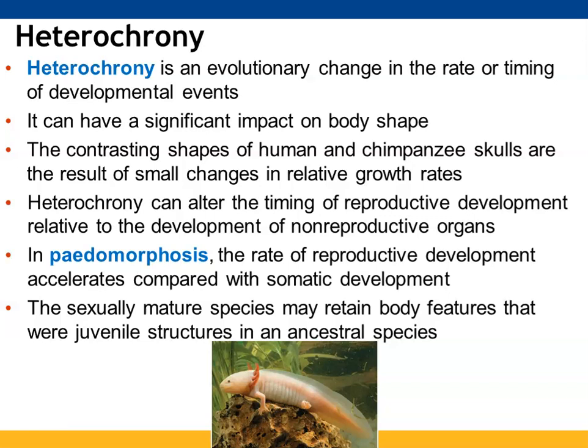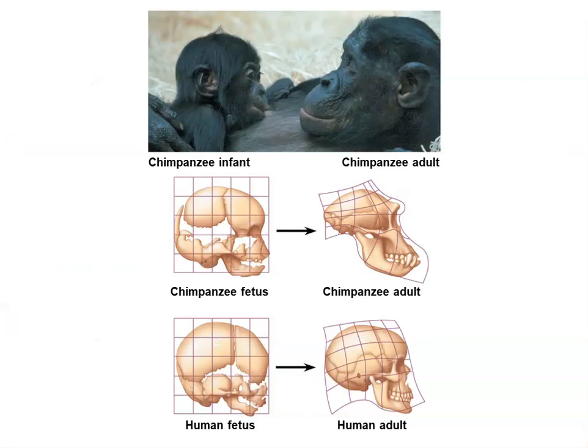In paedomorphosis, reproductive development accelerates compared to somatic development. So you can have a species that is capable of reproducing sexually, but still have some juvenile body features that were present in an ancestral species. So there you can see the difference in the skulls.